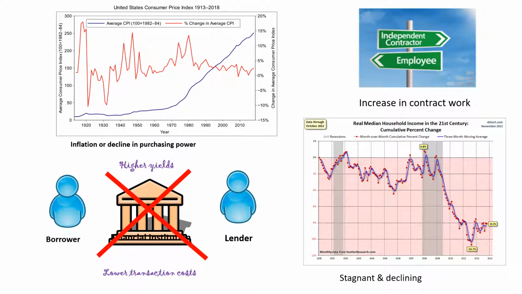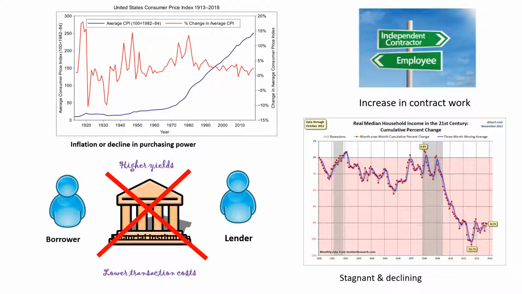So, why do we see an increasing trend in people taking out loans for debt consolidation? Several macroeconomic indicators may be affecting these trends, and I listed some of them here. Maybe there's a stagnation or declining trend in real income.